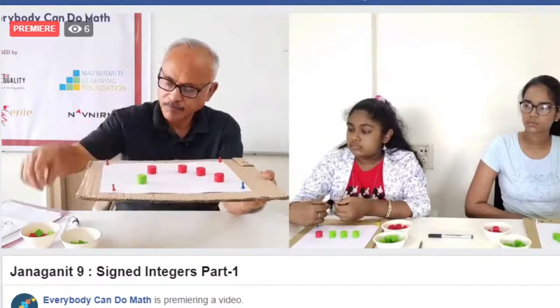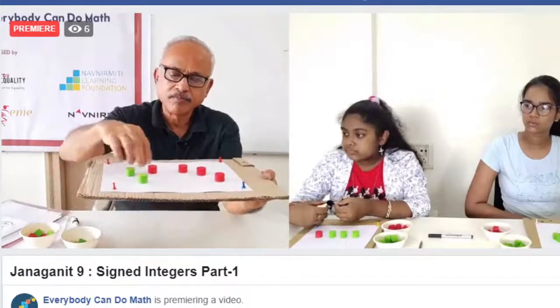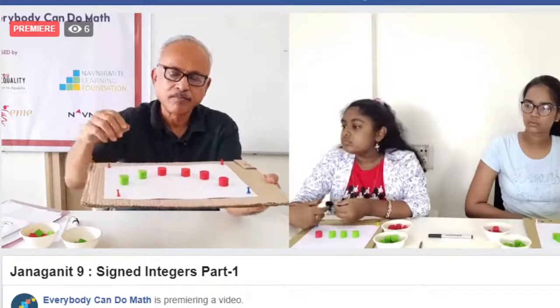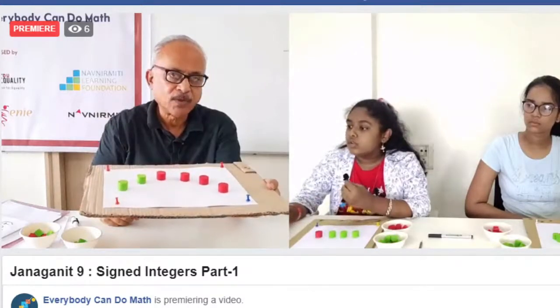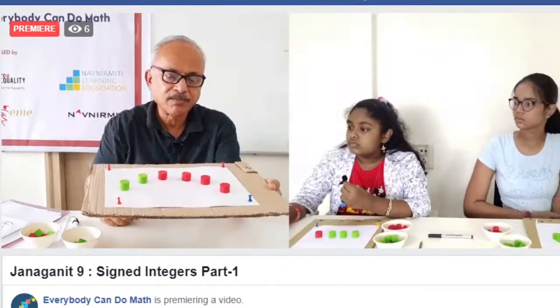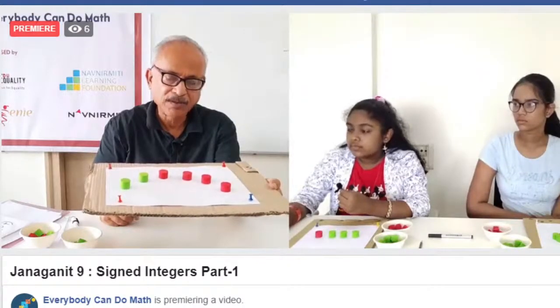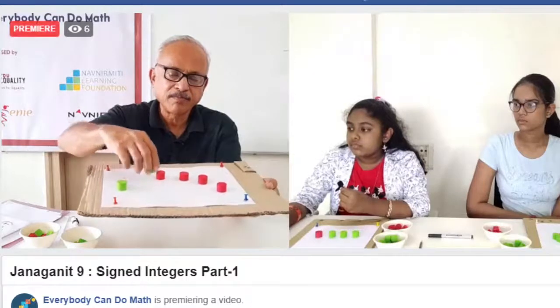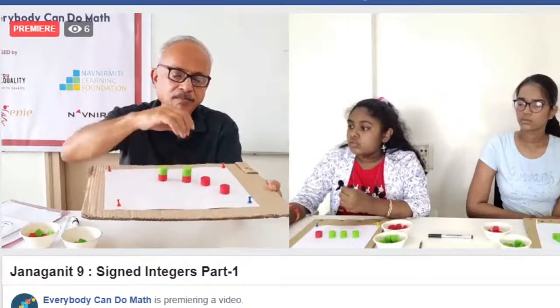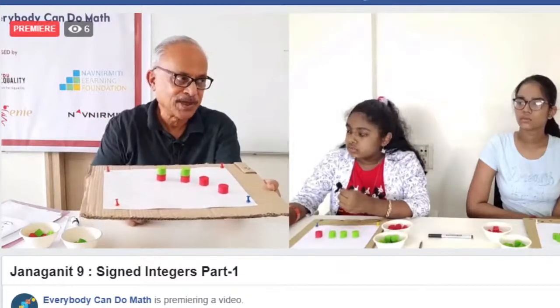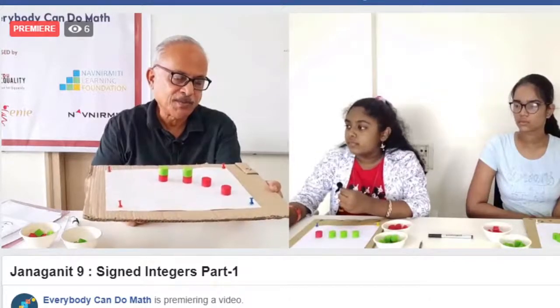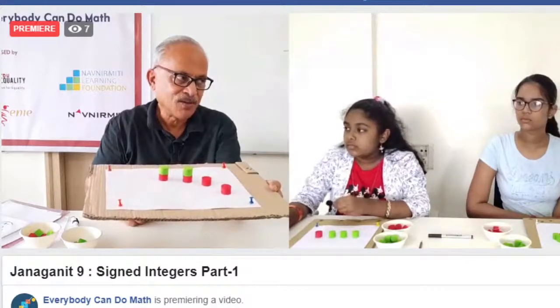Now let me give one more problem. What is the value of this account? 2 positive and 4 negative. Yes. And now let me combine them. So it is 2 negatives.